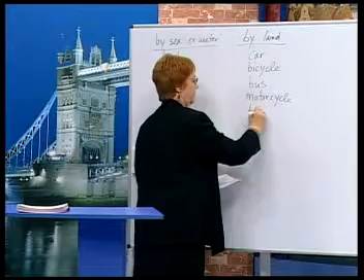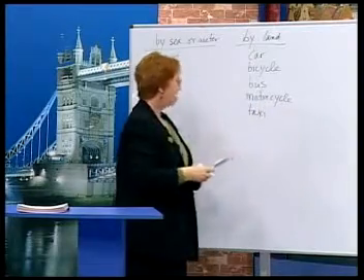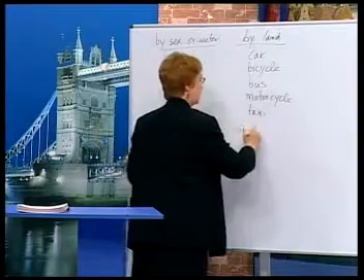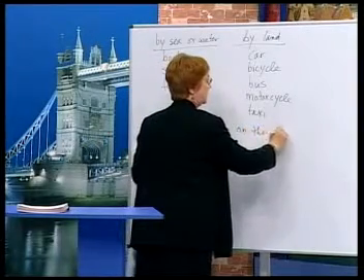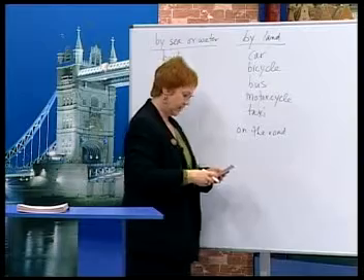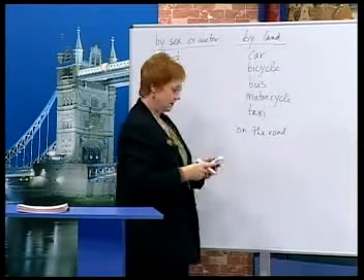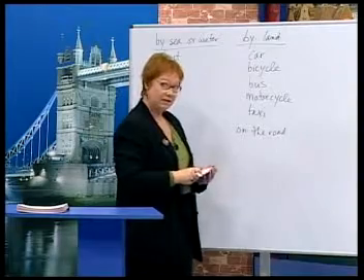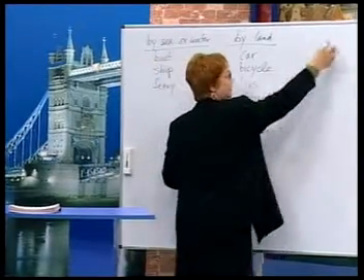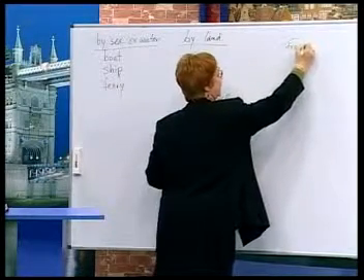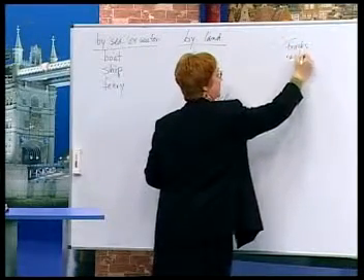Okay, good. Okay. Now, all of these go on the road. Okay, that's the place, the road. Okay. Now, there are two more ways to travel by land. They are special. They go on tracks or rails. These are tracks or rails.